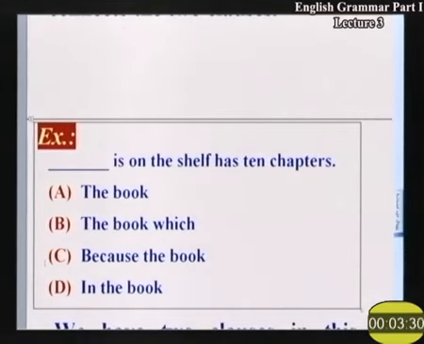And I need a connector. طيب عندي the book which، وعارفين إن which is a connector and it can be a subject as well. يبقى the book has 10 chapters. The book is on the shelf. يبقى بقت the book which is on the shelf has 10 chapters.